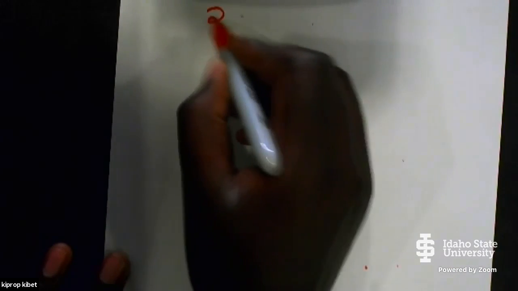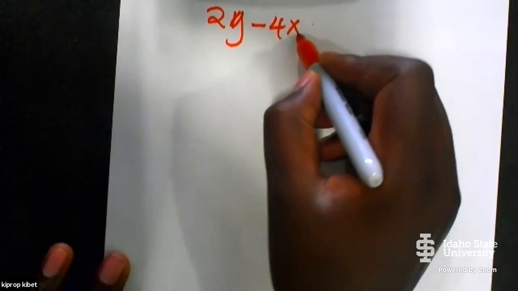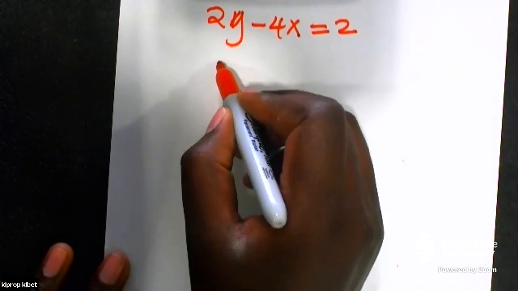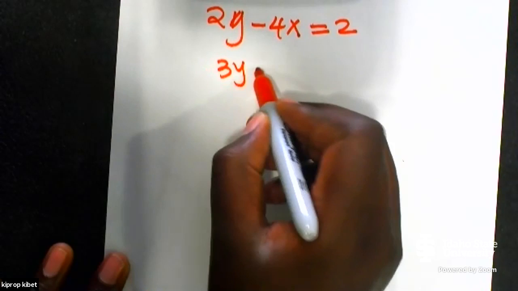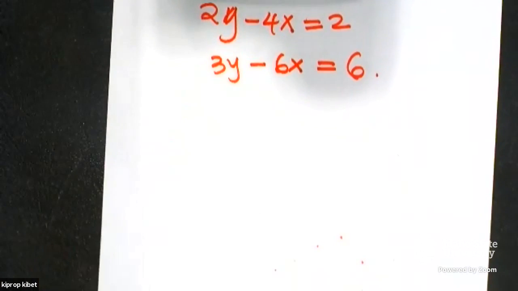Right. The last one. 2y minus 4x equals 2, and then 3y minus 6x equals 6.